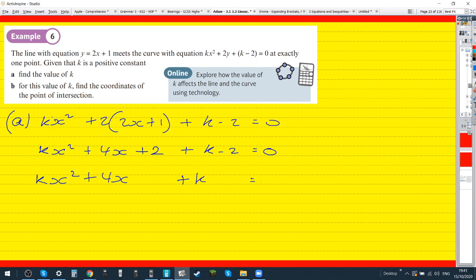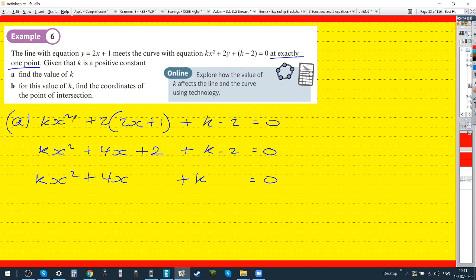And then could you put that into the calculator? We don't know what k is. Oh yeah, we don't. So we make it equal to k. They tell us that these two cross over at exactly 1 point. How can we use that to find k? So if it crosses, there's only one solution. What do we know about it if there's only one solution?